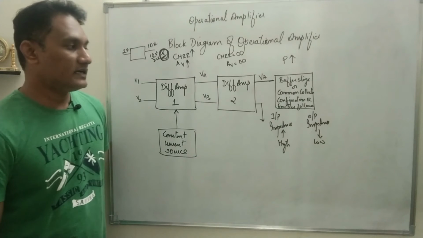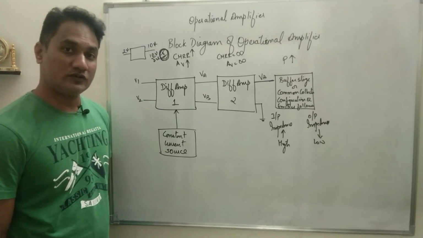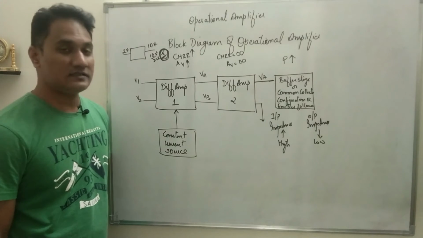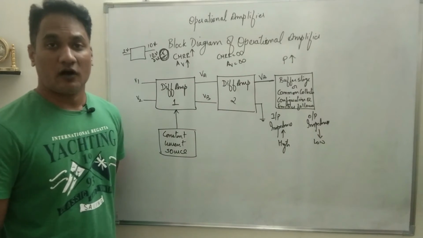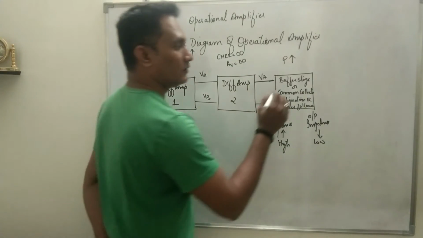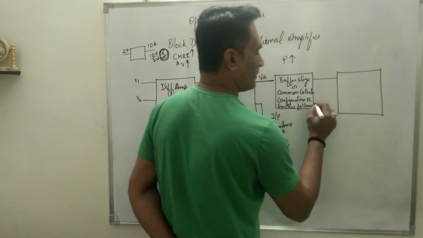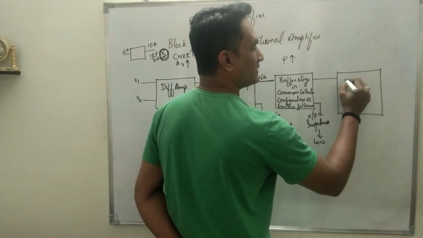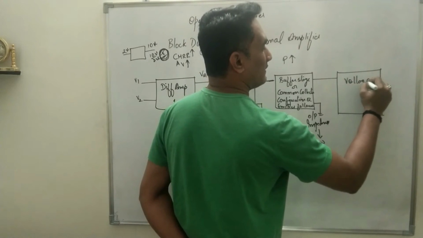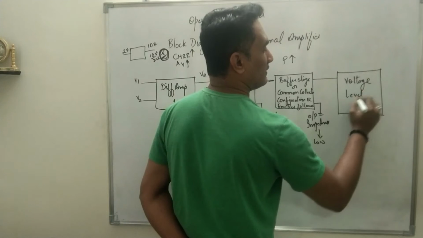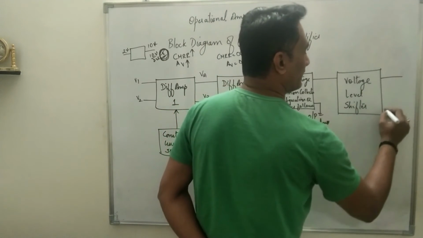Now when I say input impedance, it is the overall resistance at the input stage, and when I say output impedance, it is the overall resistance at the output stage. This is the characteristic of the common collector configuration. So at the output stage, the fourth stage is the voltage level shifter.